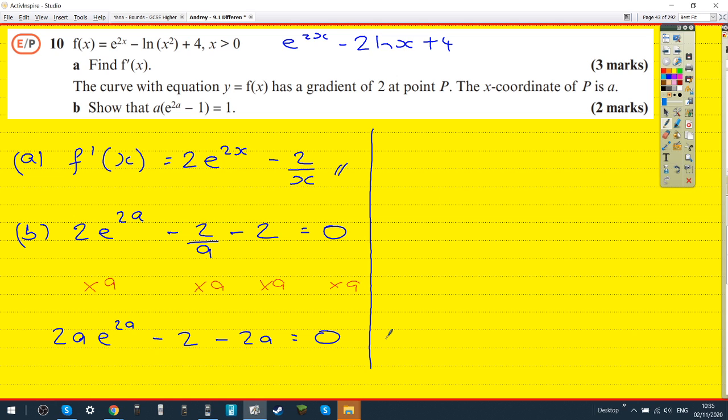And then if I factorise out, do I need to factorise a here or something? Yep. And so that'll become 2e to the 2a minus 2 brackets a and then minus 2. Yep, you factorized out a.